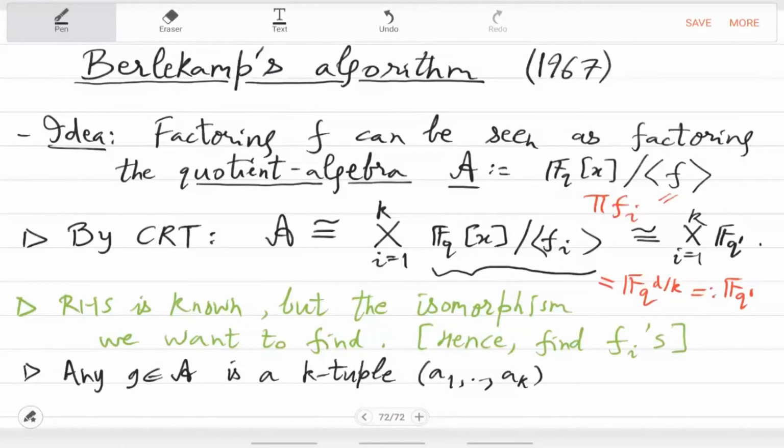You pick any element in this quotient ring F_q[x] mod f, let's call it g, and under this unknown isomorphism, this g, by Chinese remaindering, will map to a k-tuple. Each a_i is in this finite field F_q'.